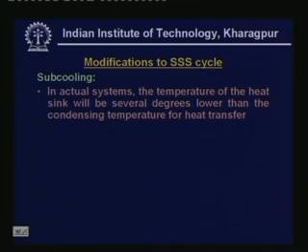That means, if you have an actual vapor compression system and let us say that your heat sink is available at 30 degrees, then to facilitate heat transfer you have to operate your condenser at a temperature higher than 30 degrees centigrade. It may be 31, 32, 33. Whatever it is, there will be some delta T, or some temperature difference, between the refrigerant condensing inside the condenser and the external heat sink.